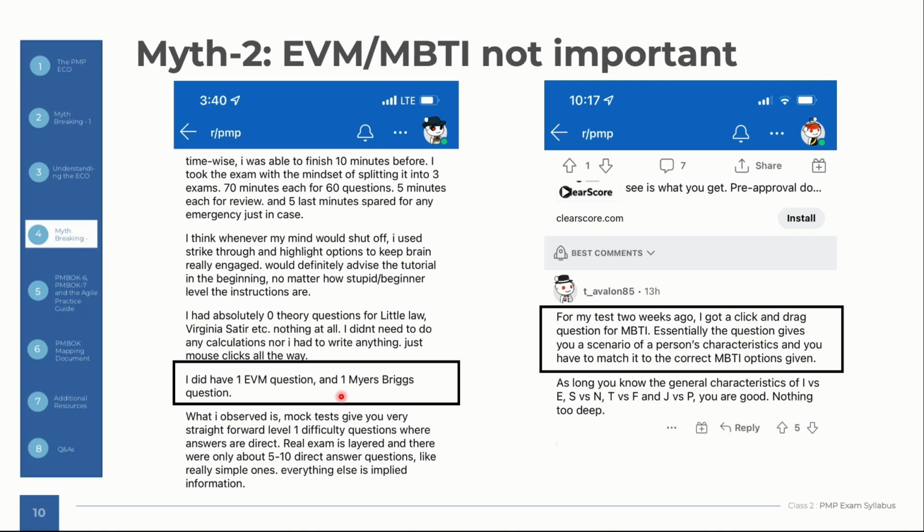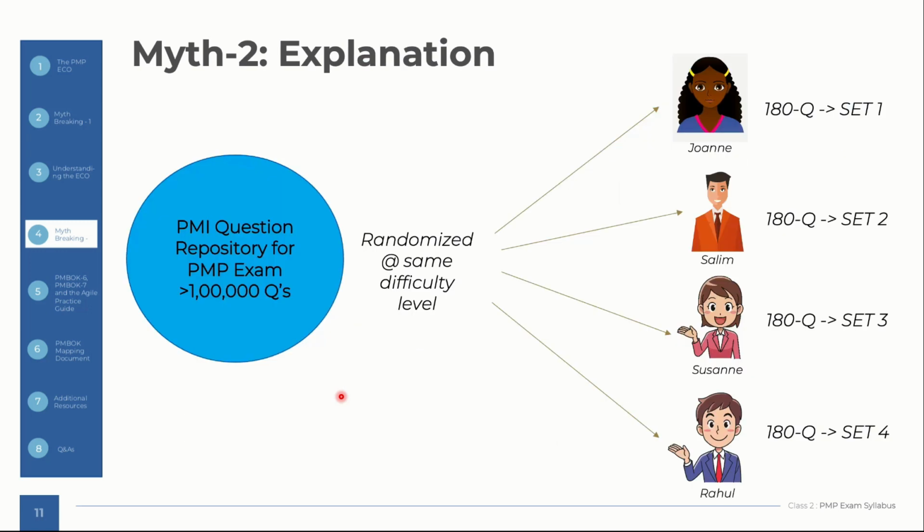Now whether you will get a question from a particular topic in the ECO is all based on probability, guys, and let me help you understand why. The PMP question repository for the exam is more than 1 lakh or 2 lakh questions, because PMI has built this repository over the years.